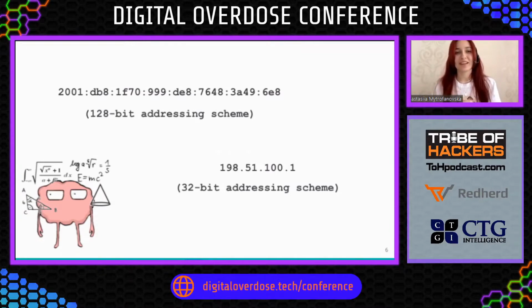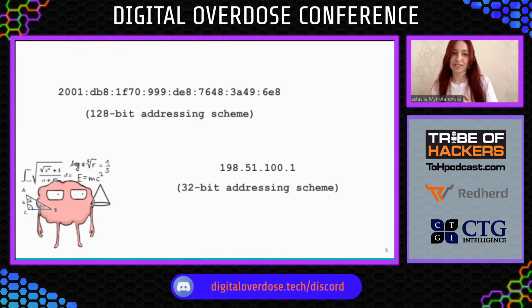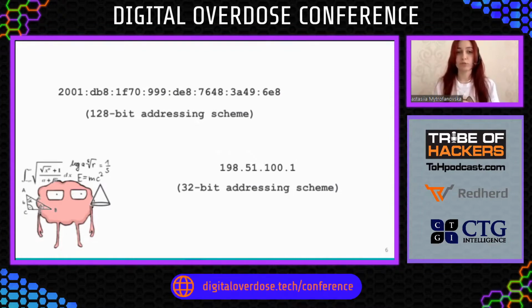The IPv6 has 128-bit addressing scheme, and that means that it consists of 8 groups of 4 hexadecimal digits with the groups separated by colons. And for comparison, the IPv4 has 32-bit addressing scheme. So it consists of 4 groups of decimal digits with the groups separated by dots.